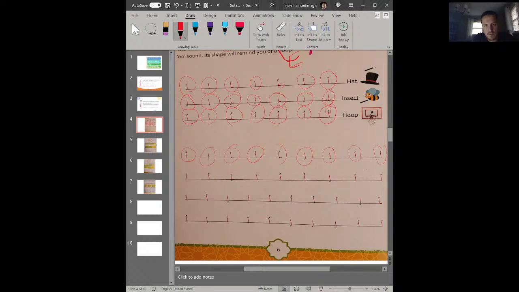Now the second line: I, U, and the third line, I, and this one, three of them, all of them are U, short.